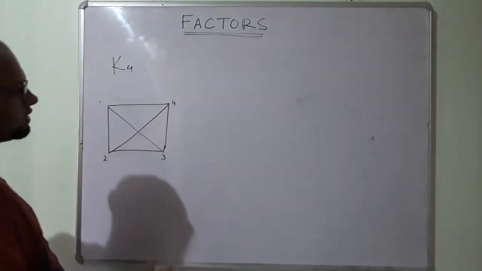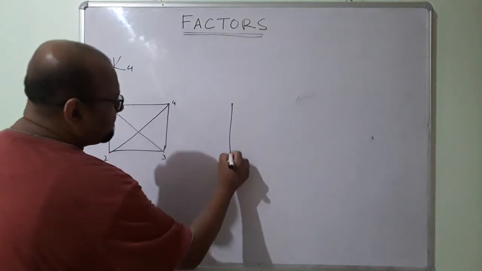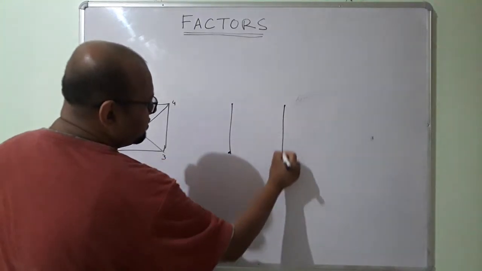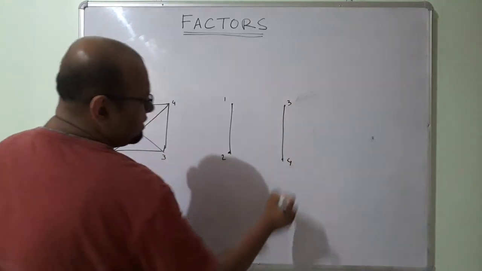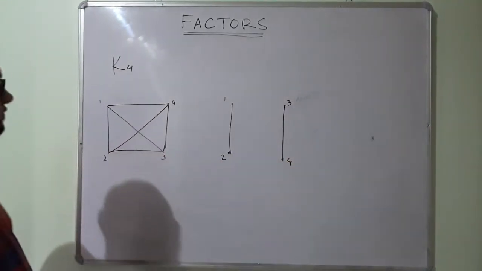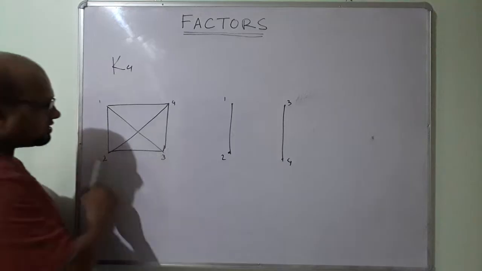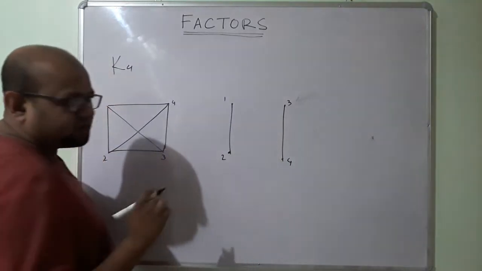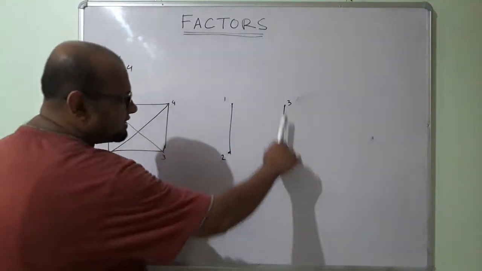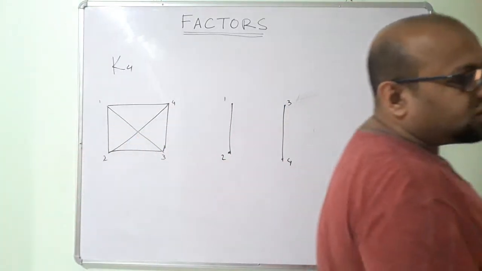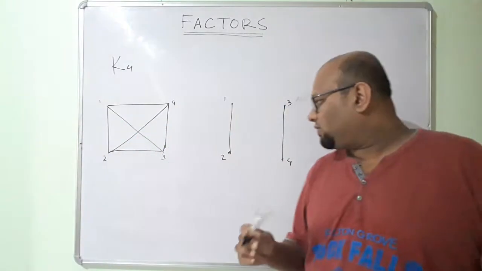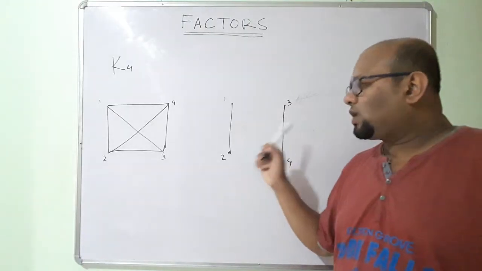I can have this, which is a 1 factor of this K4. All the vertices are here, so it is spanning, and each vertex has a degree equal to 1. So it is regular with degree k equal to 1. So this is a 1 factor.